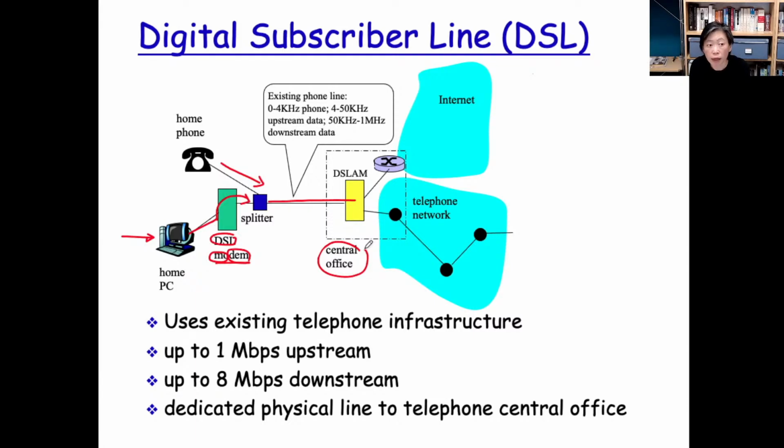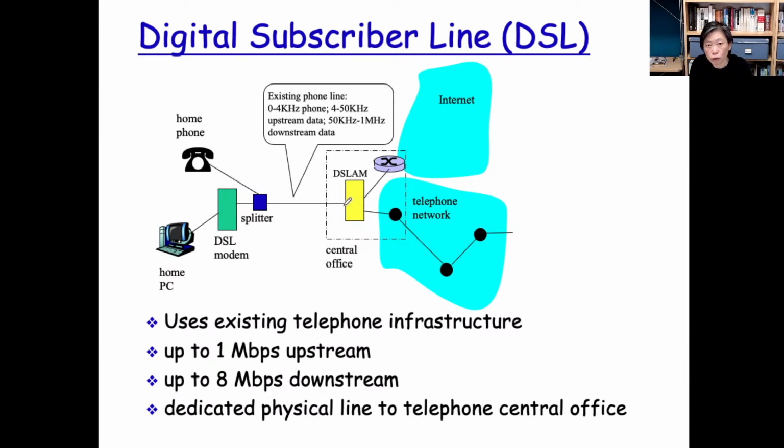And by the way, very often the telephone service provider is also an internet service provider. Once they reach the central office, this big box, the DSLAM, the DSL access multiplexer, whatever it's called, the functionality of this yellow box is simply, first, split the analog signals.